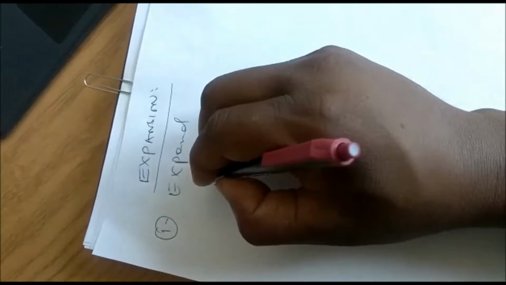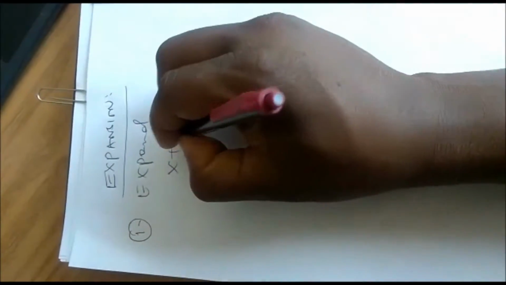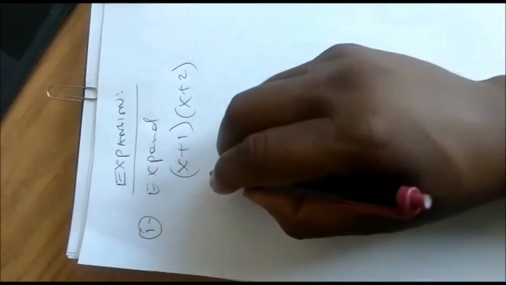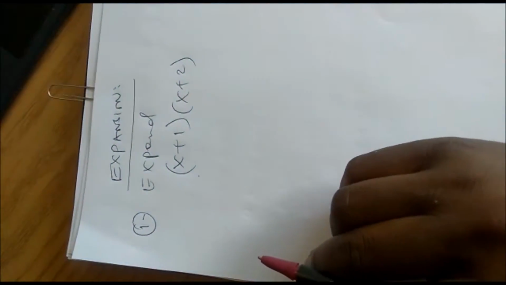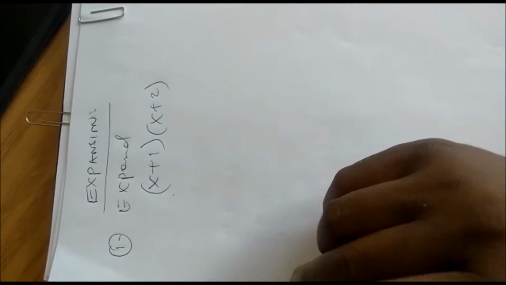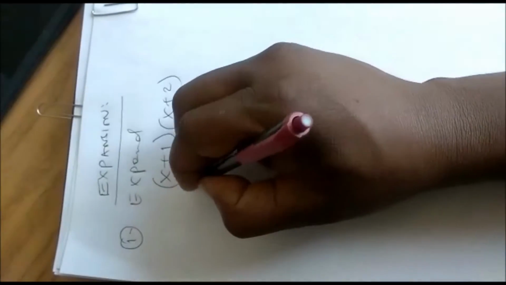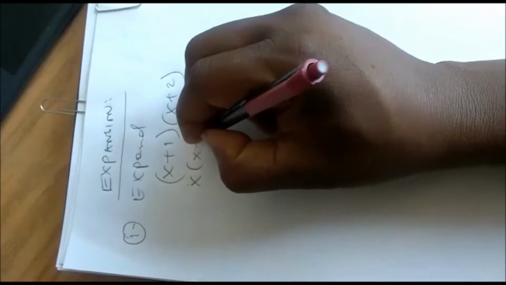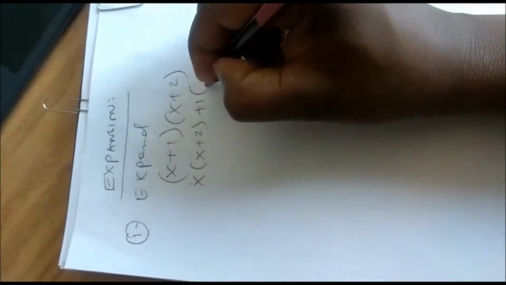suppose we are required to expand x plus 1 times x plus 2. In this case, what is in the first bracket must multiply what is in the second bracket. So here we will have x times x plus 2 plus 1 times x plus 2.